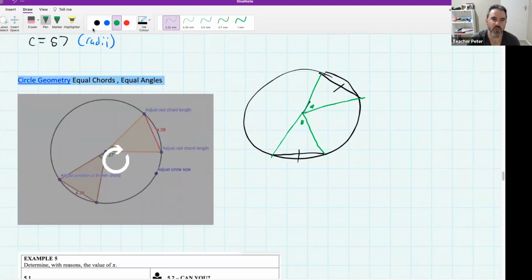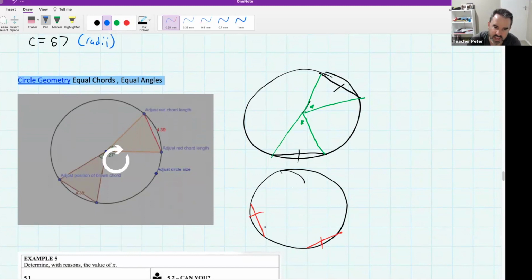Also, if you have a circle and you have equal chords, so let's say you have an equal chord here and an equal chord here, and the way that you would show that they're equal is you would put little lines there. The angles at the circumference will also be equal.